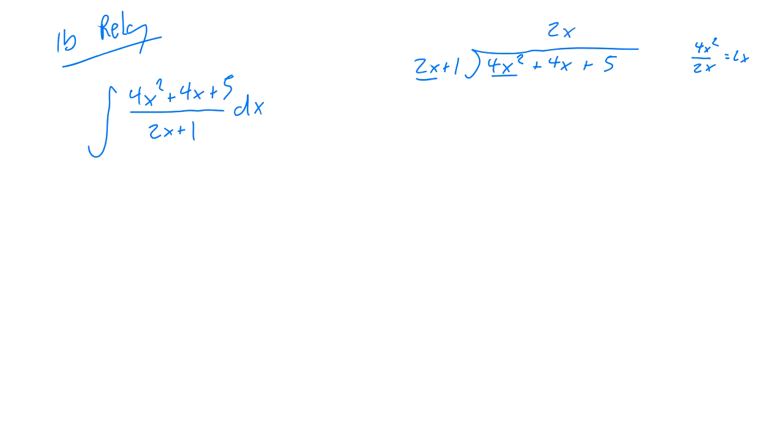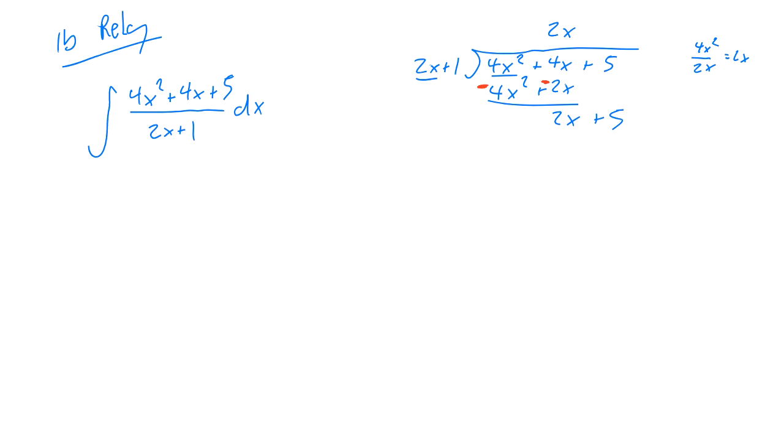Multiplying the 2x times the 2x plus 1, you get 4x squared plus 2x, and then you subtract. So let me distribute that minus sign. I'll end up with a minus here and a minus there. The 4x squareds cancel, and 4x minus 2x is 2x. Bring down the plus 5. Then I do it again.